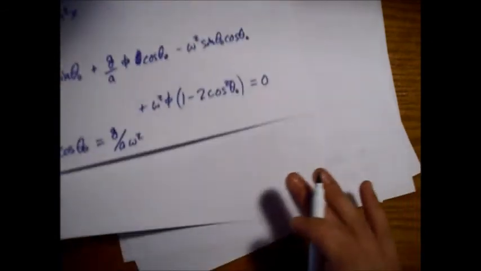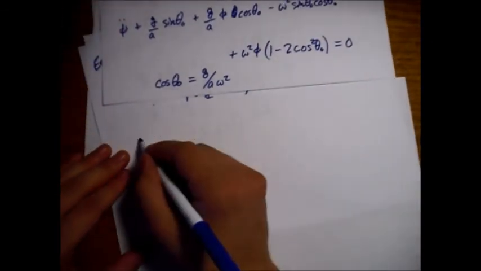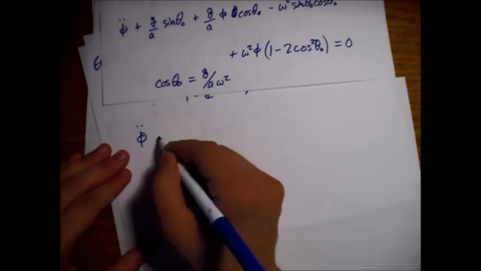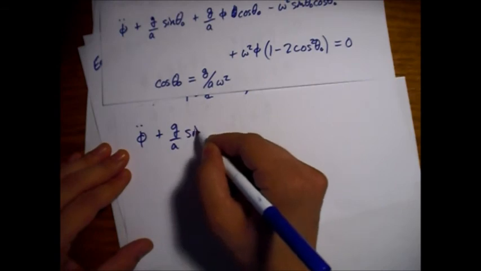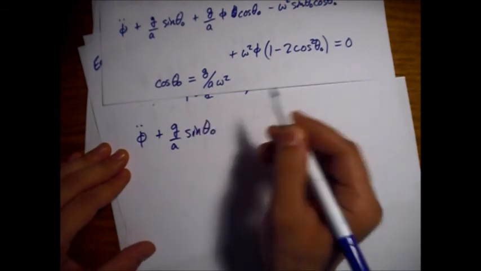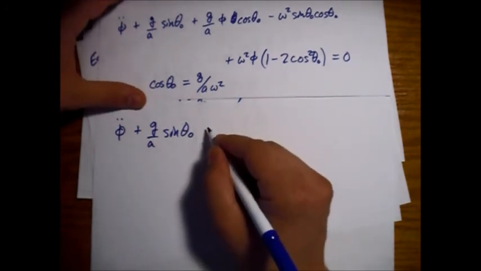So let's go ahead and plug those in. All right, and we might be a little concerned about this sine of theta naught, but we'll see that that goes away.